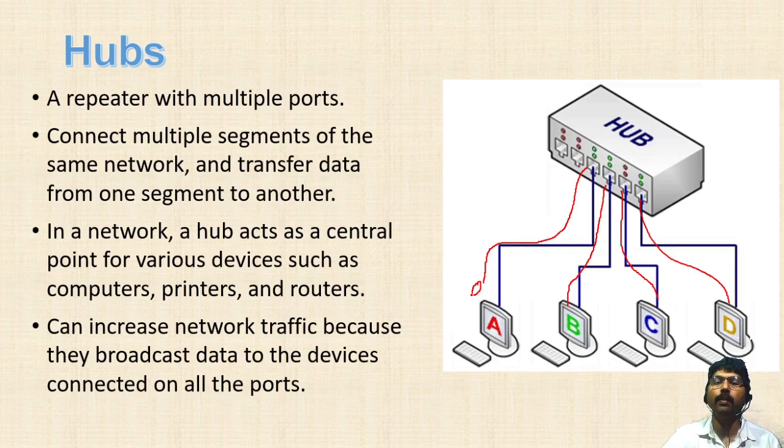For example, if this computer and this computer also transmit at the same time, there is a possibility of collision. So in today's world, hubs are very rarely used. If you have a very small number of computers, 4 to 5, then we can use hubs, because hubs are a little less expensive than other devices.